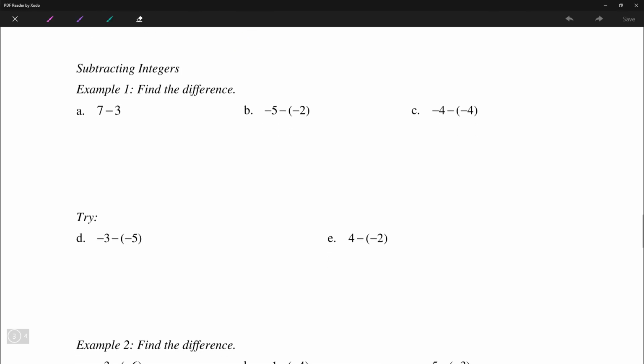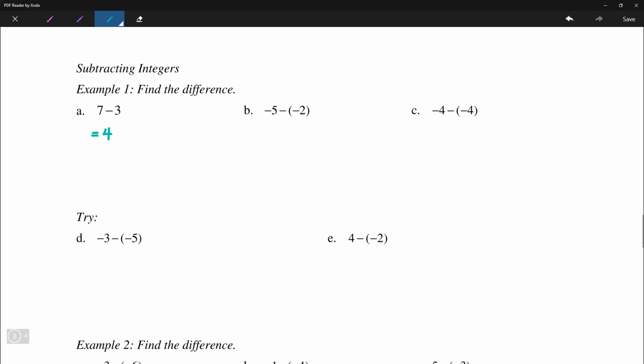Okay, first case should be fairly straightforward. 7 minus 3 is 4. Notice that both of those integers are positive, and the second one is less than the first. So it is typical of subtracting whole number questions that we have seen before.